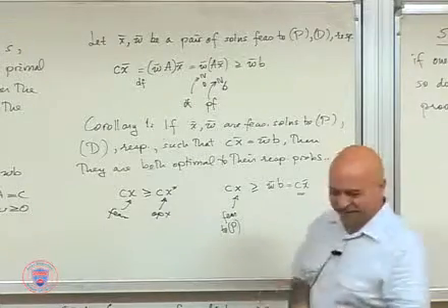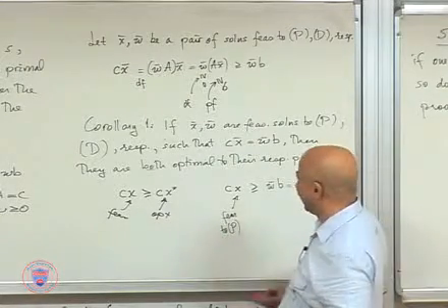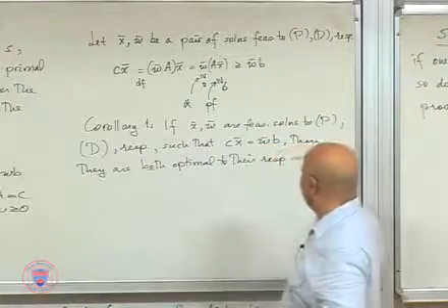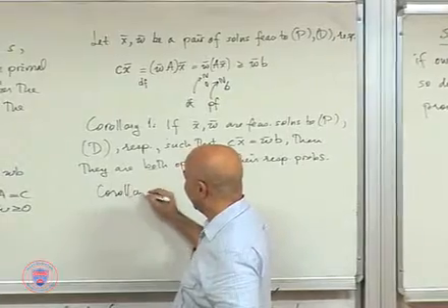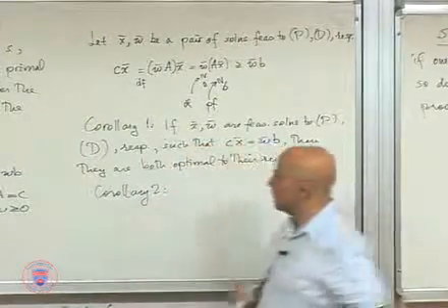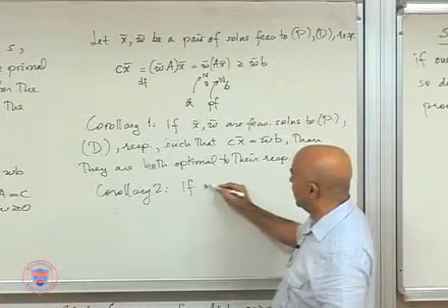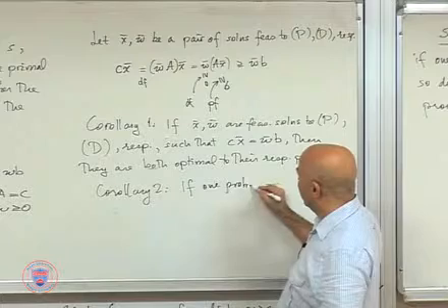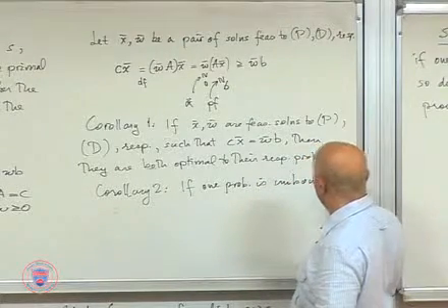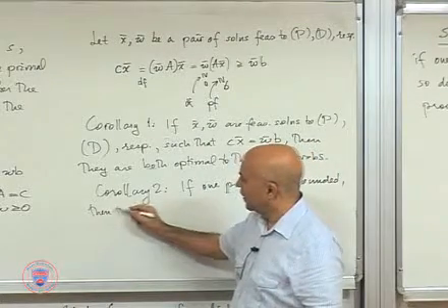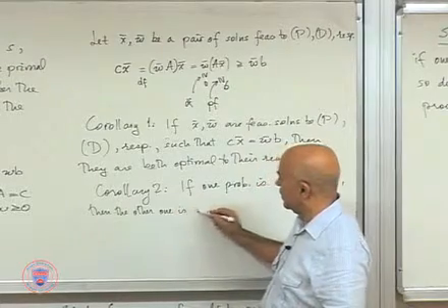What is the second corollary? You are students, so you need to work them out. All right. The second part, corollary 2. Well, if one problem is unbounded, then the other problem is infeasible.